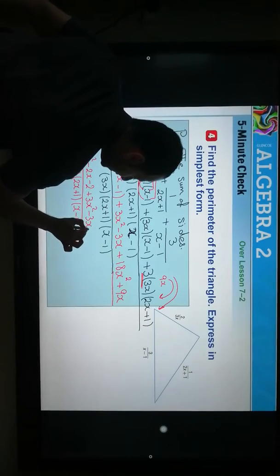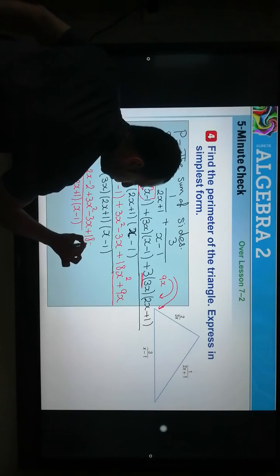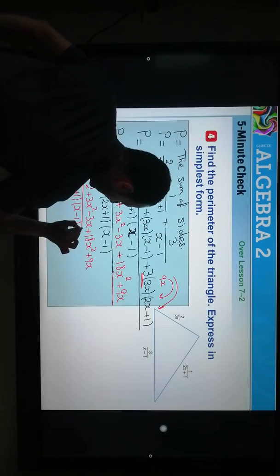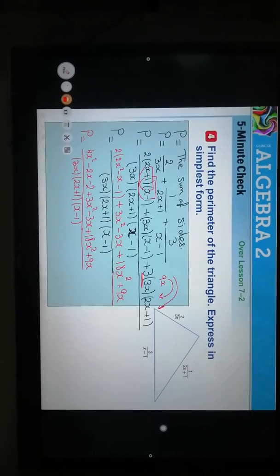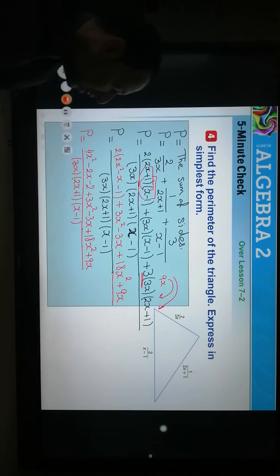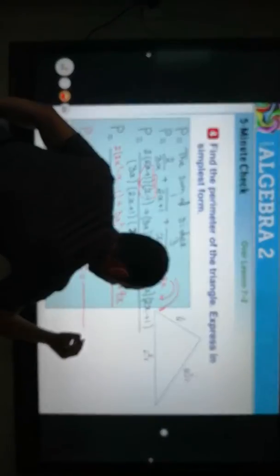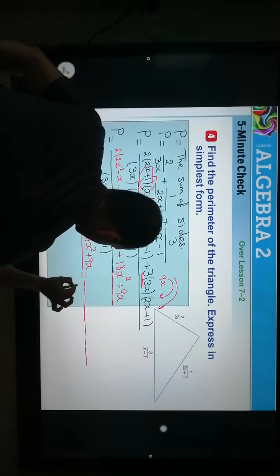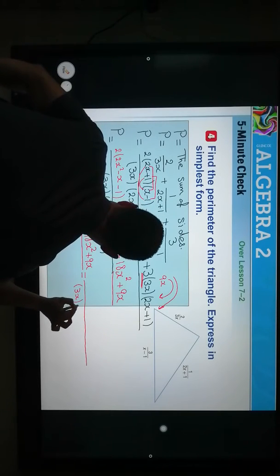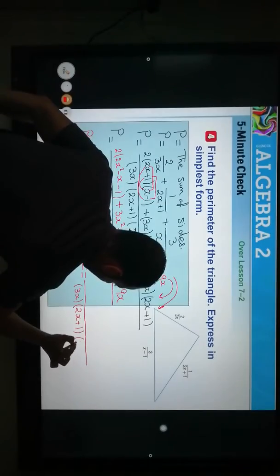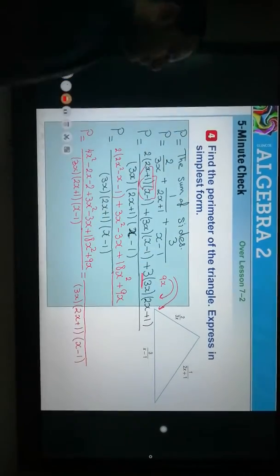But please pay attention to the signs and the numbers in order not to get confused or forget any one of the terms. After that, I simplify this by taking the common factor. I just need to write here 3x, 2x plus 1, and x minus 1.